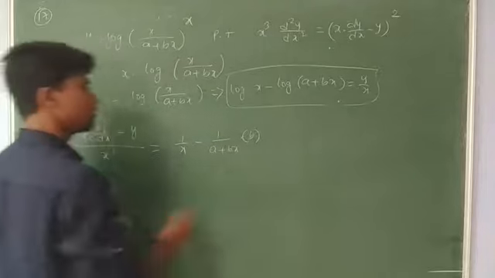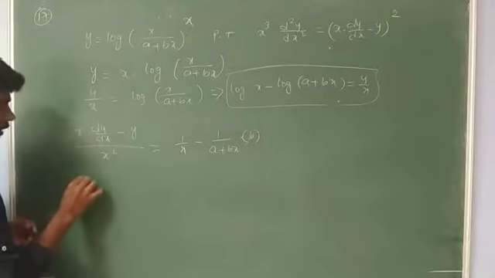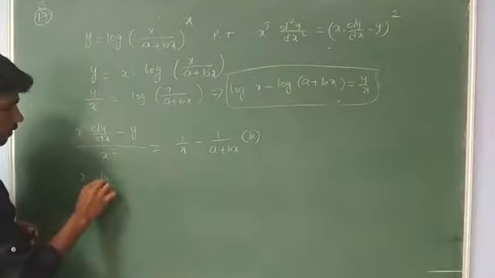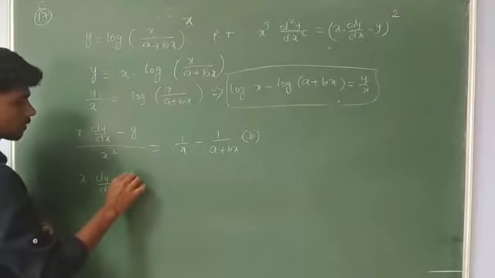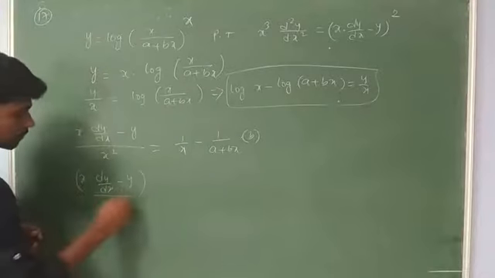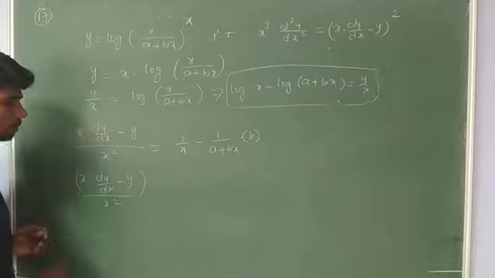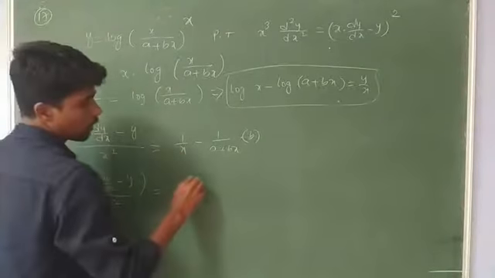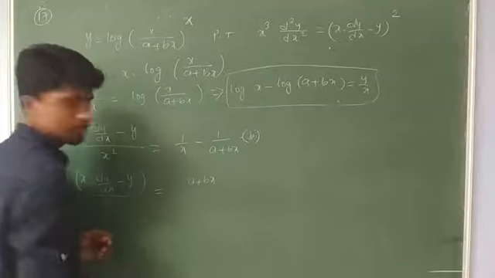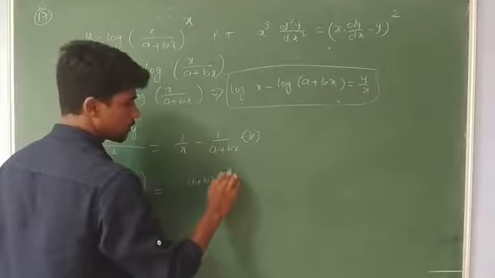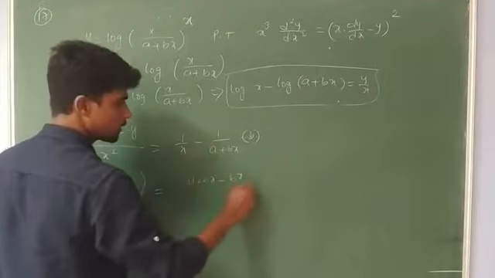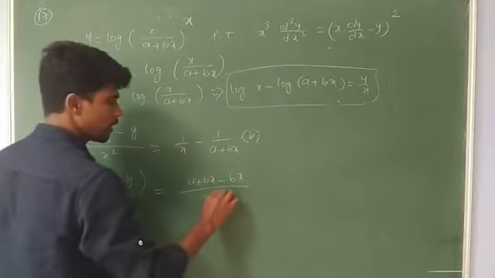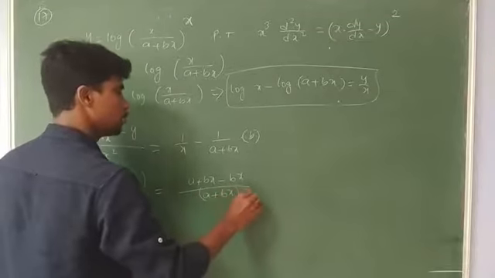So we can take LCM in this particular part. Then we get x into dy by dx minus y by x square is equal to a plus bx minus b into x by a plus bx into x.